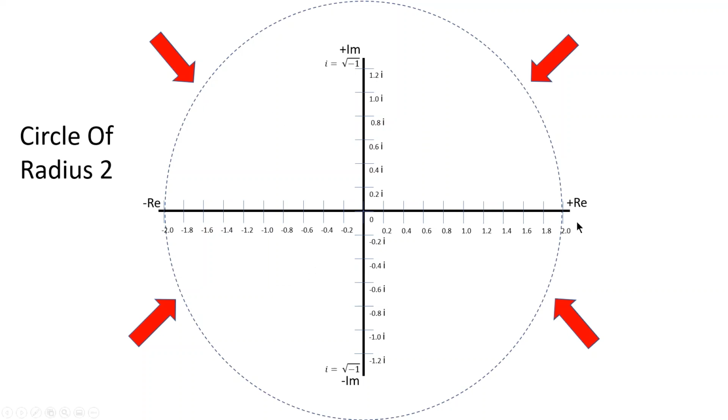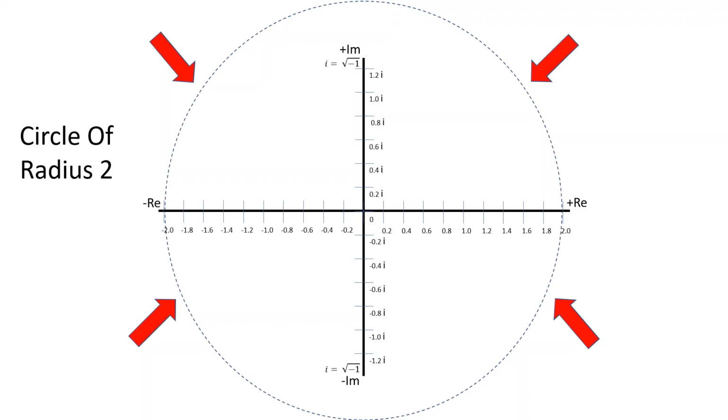He picked numbers between 2 and -2 on the real number line. He picked numbers between -2i and +2i on the imaginary number line. And when he picked them, he noted the results. And he noticed some very interesting patterns developing.